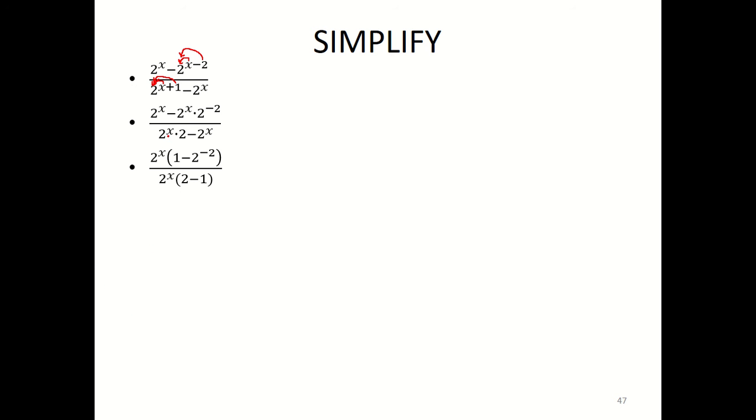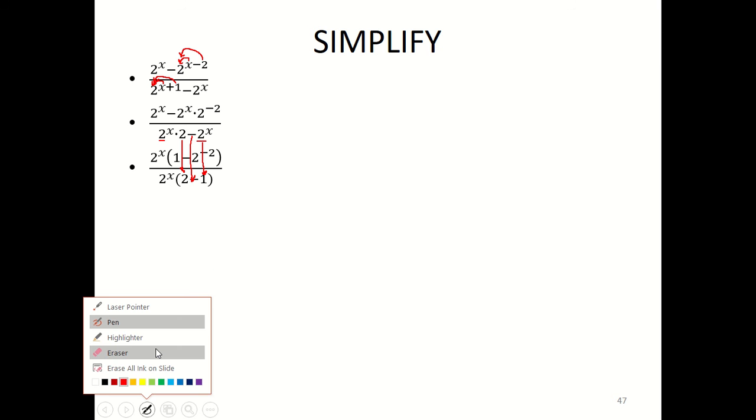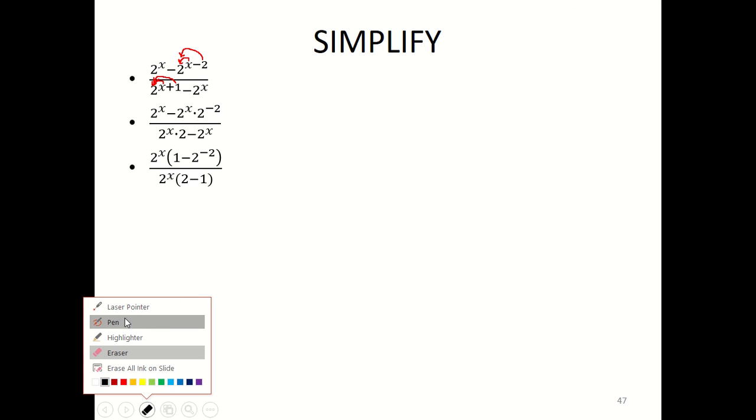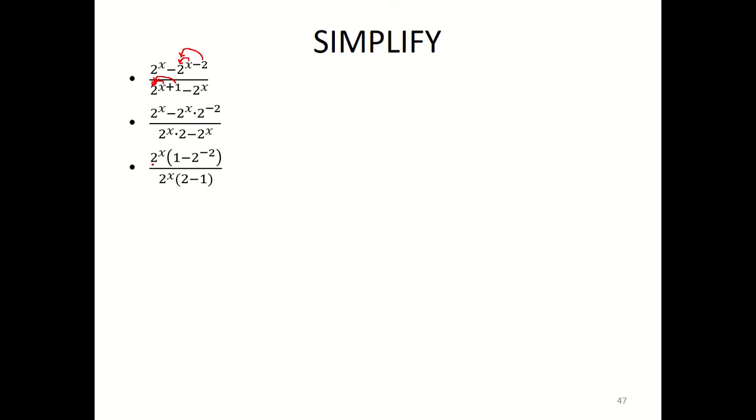In the denominator, I took out this as a common factor. So in the first term, I'll be left with 2. In the second term, I'll just be left with 1, and the minus is still there. 2 to the exponent of x crosses out with 2 to the exponent of x.